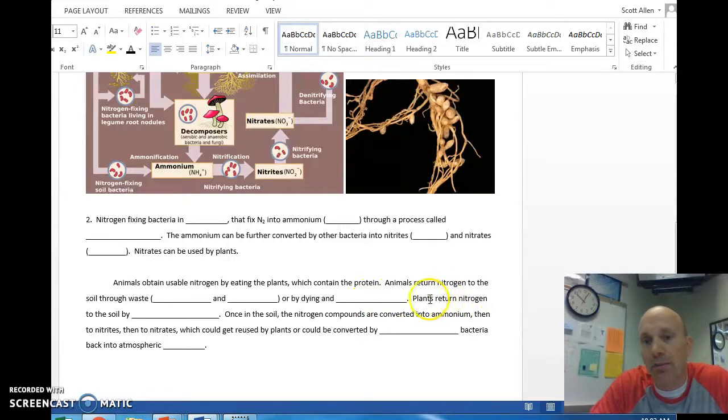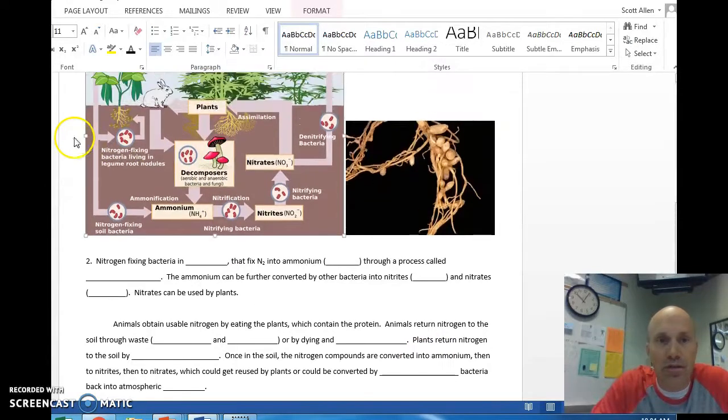Plants are going to return nitrogen to the soil by either dying, or if a plant were to drop its leaves, the leaves are going to decompose, and the nitrogen in the leaves is going to go back to the soil. So once in the soil, the nitrogen compounds are converted into ammonium, and you can see that in this part of the slide right here.